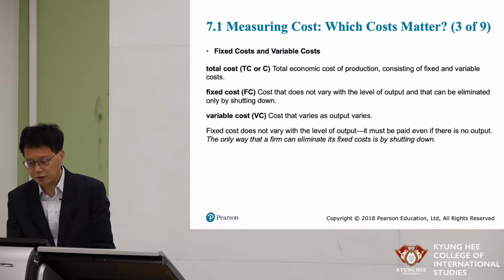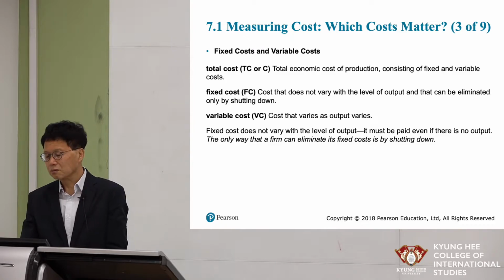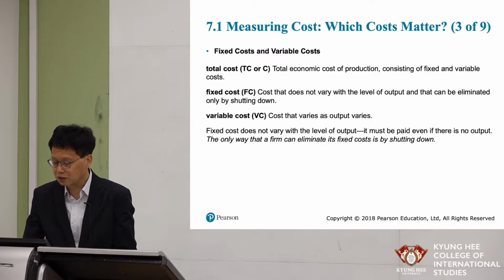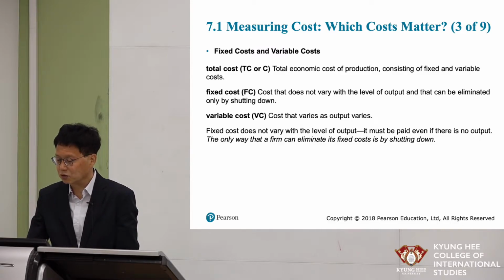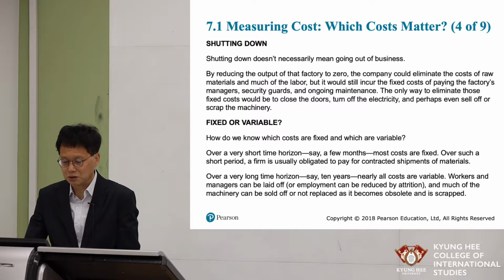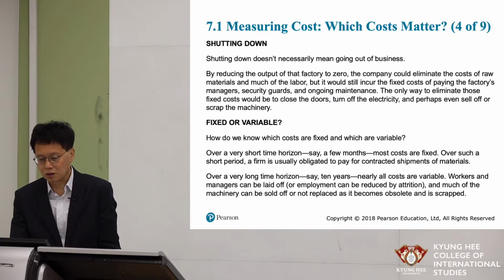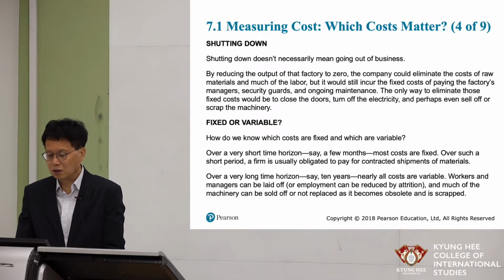So labor cost is variable cost. It's not possible to cook more pizza without increasing labor employment. Fixed cost does not vary with the level of output. It must be paid, for example, the rental cost of capital, even if there is no output. The only way that a firm can eliminate its fixed cost is by shutting down or going out of this business. Shutting down doesn't necessarily mean going out of business.